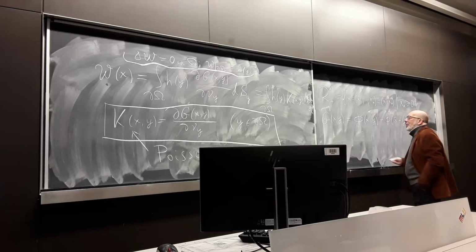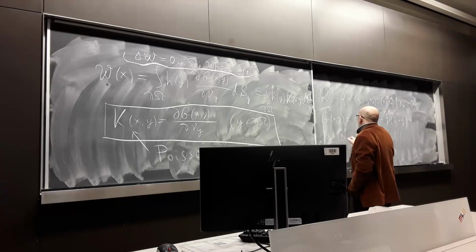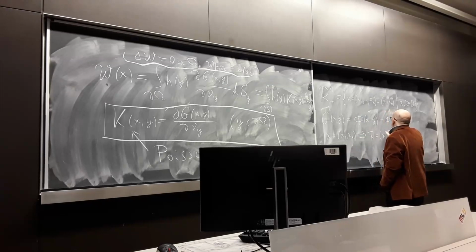So what is x bar? x is x1, x prime, xn, and x bar is x prime, minus xn.